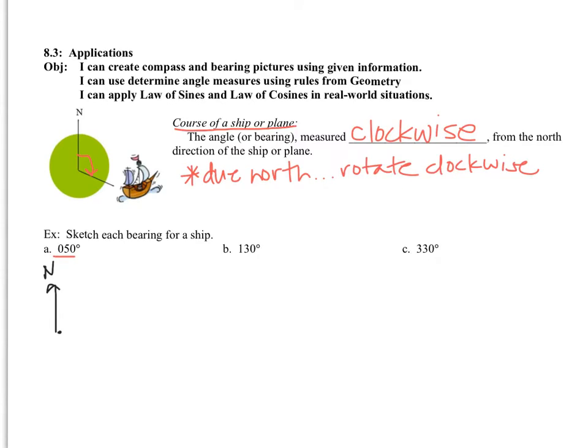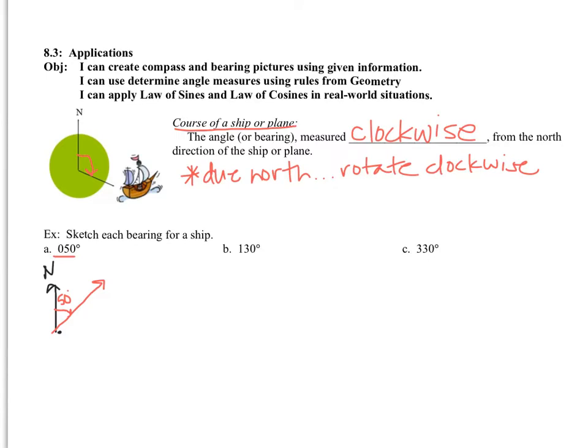We always use 3 digits. So if it's less than 100, the first digit stays 0. 50 degrees is a little bit more than halfway between north and then maybe east, like a right angle. So we'll just kind of rotate about that far, and that would be a 50-degree bearing. And that's all you do.